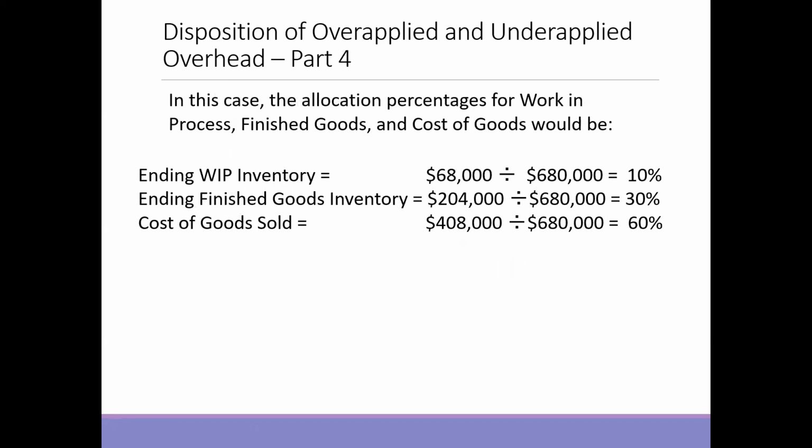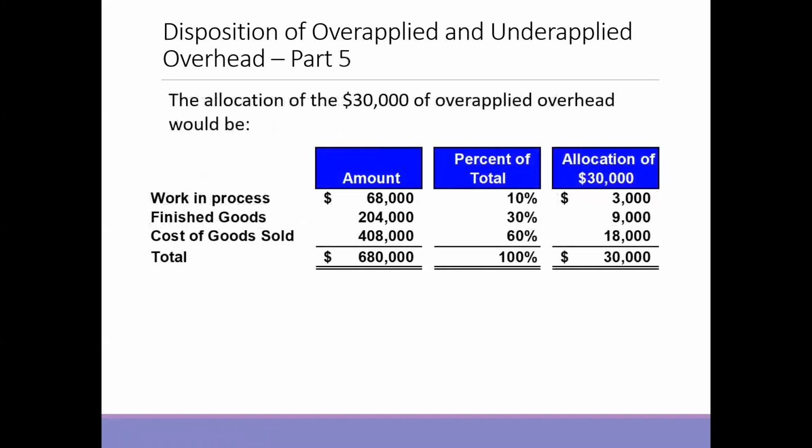So work in process will get 10% of our overapplied overhead. Ending finished goods inventory will get 30%, with cost of goods sold getting the bulk at 60%.